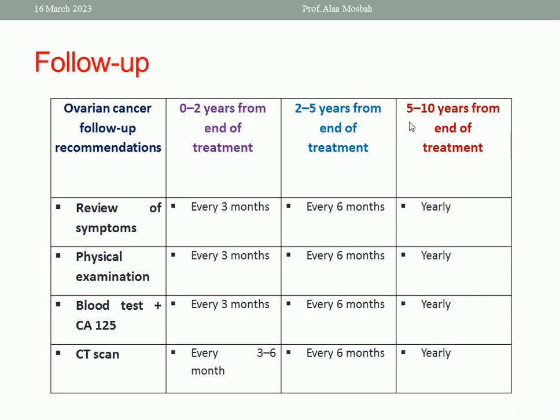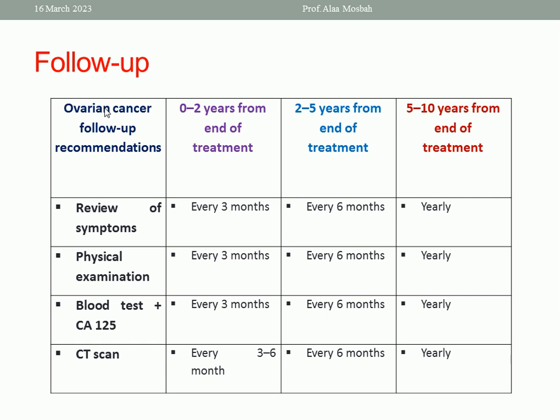What you are going to do for the patient in each visit: evaluation of the symptoms, if there is abdominal pain, bloating, abdominal enlargement. And do physical examination, if there is mass, pelvic mass or abdominal mass, or signs of cachexia, supraclavicular lymph nodes, lower limb edema, and so on.